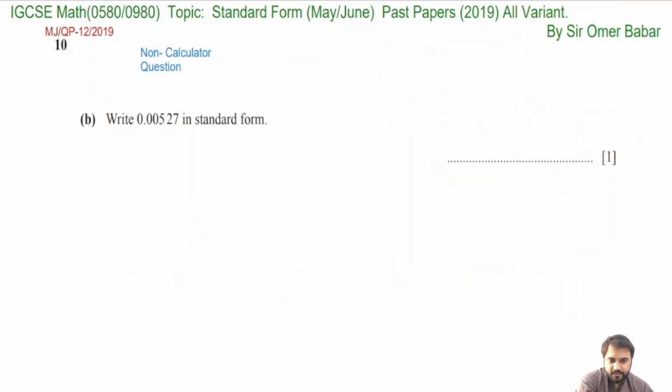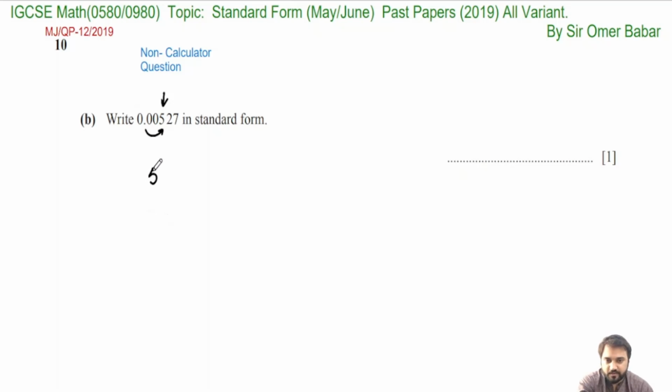Now moving towards our next question. Question number 10 appeared in 2019. The question paper was 1 and the variant was 2. It says in part B, write 0.00527 in standard form. Again, our first non-zero digit is 5. We want this decimal after 5.